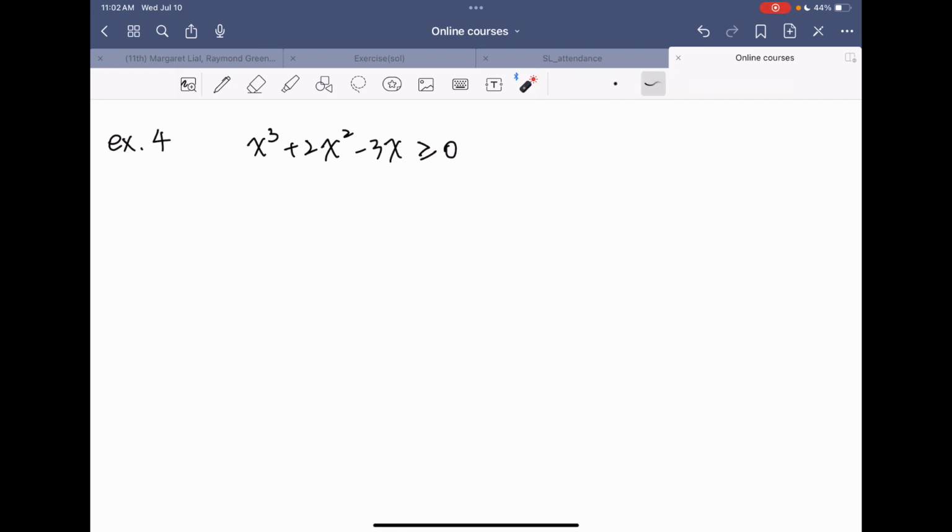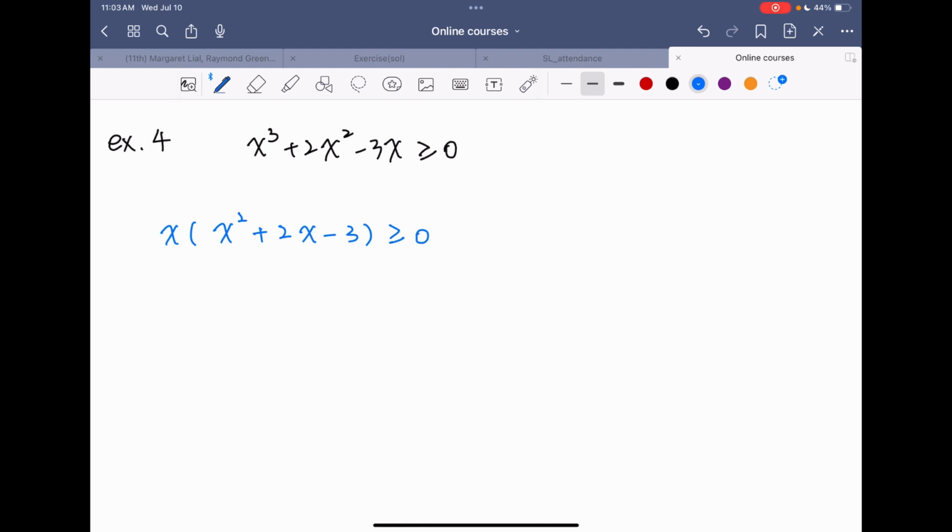By observing this question here, we can tell that it got x as a common factor. So first we're going to take x out. X squared plus 2x minus 3 is greater or equal to 0.